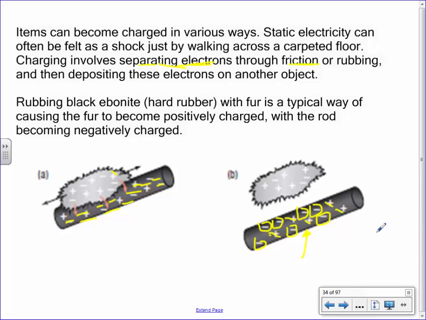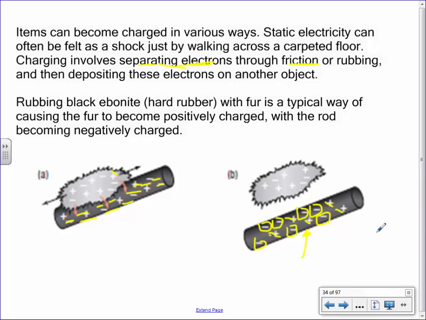Does that make sense? When I am doing this right here, what I'm really doing is taking electrons from here and adding them to this guy right here. So there used to be 50 electrons and 50 protons. Now there's 55 electrons and 50 protons because electrons went from here to here. Does that make sense? Yeah, what ends up happening is this guy actually sometimes becomes more positive.